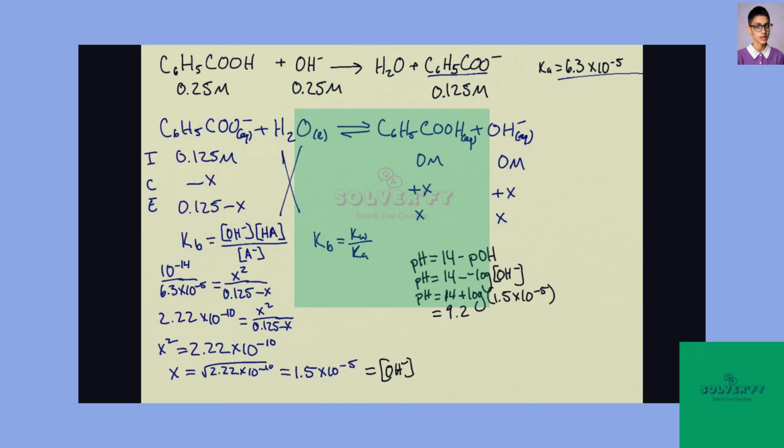So now we're looking for an indicator that changes color around a pH of 9.2, or more specifically an indicator that has a pKa value of approximately 9.2. This is true for phenolphthalein, which has a pH range of approximately 8 to 10, making it the perfect indicator for this titration up here.